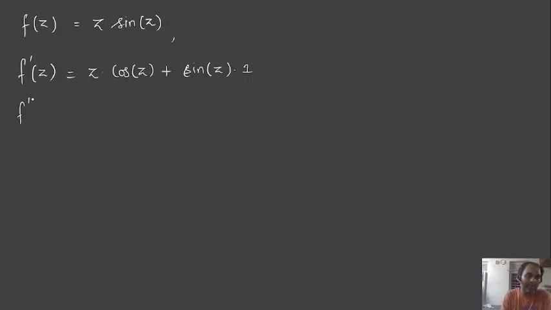Now you do the double derivative. Double derivative of f of z is what? You take the derivative of f dash of z, so it will give you z cos z, plus the derivative is minus sin z, plus cos z into 1 plus sin z, derivative is cos z.